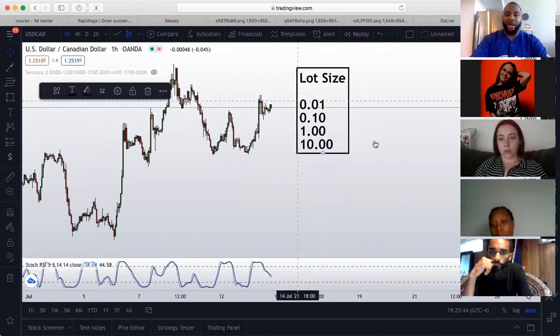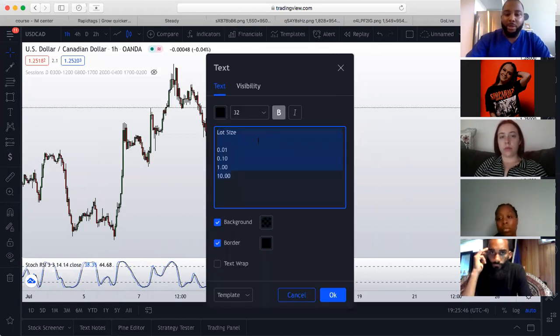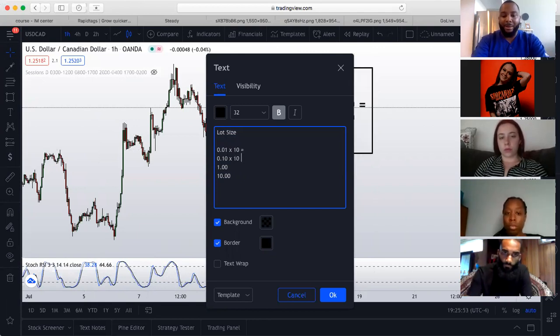So when it comes to lot size, here's how we're able to determine what each lot represents and means. You are always going to multiply by 10, and that's the dollar or cent amount represented per pip.